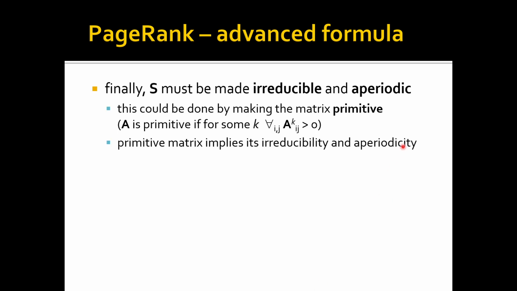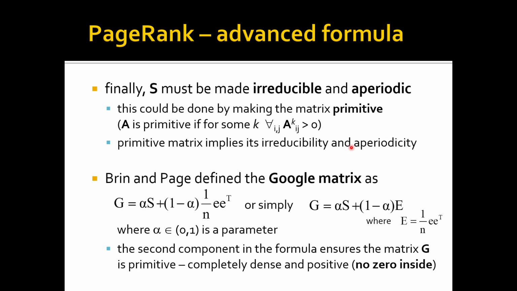So finally we get the Google matrix, because that's what we get after we turn the matrix S into the other matrix. And the matrix will be called G, like Google matrix. And it will be composed of the matrix S and some basically noise matrix, because this is a unitary matrix. This multiplication is one unit vector times a second unit vector transposed.